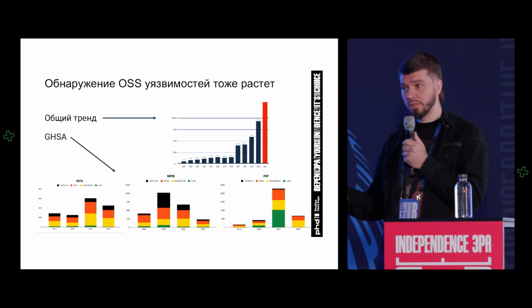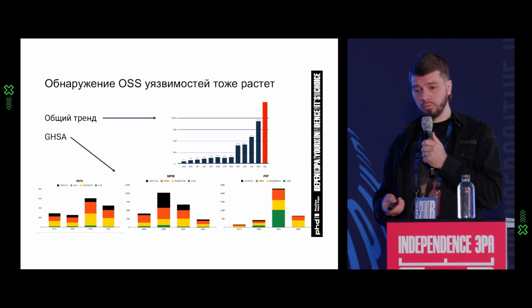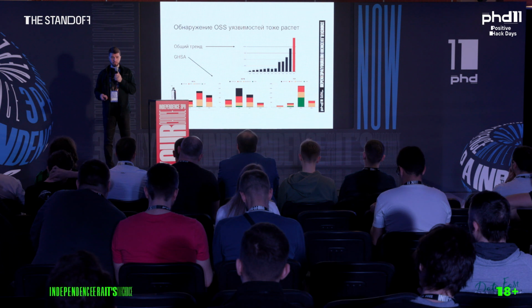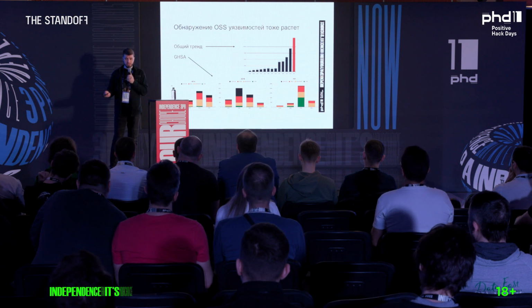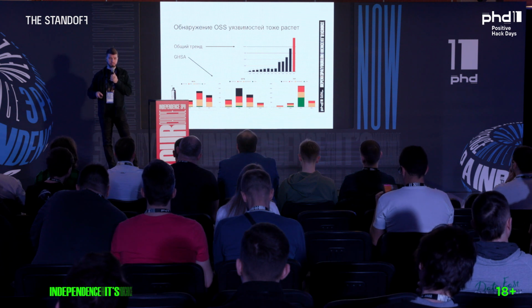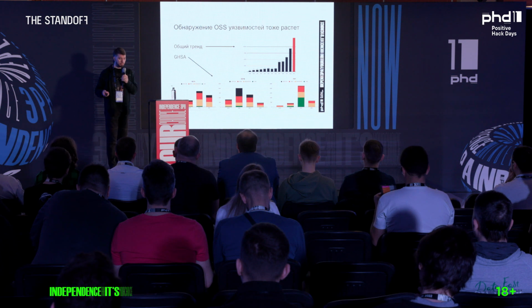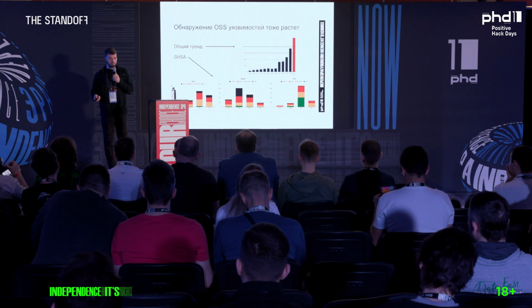But at the same time, if you look at separate feeds, separate packages, and analyze GitHub Security Advisory, these columns show that discovery is not even. It does depend on the feed holder's focus, the ones who process it.